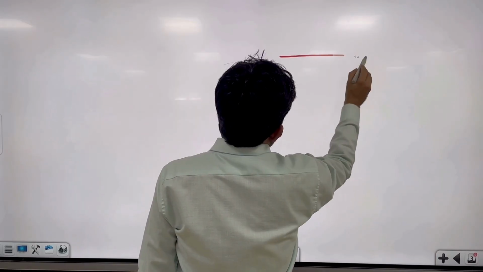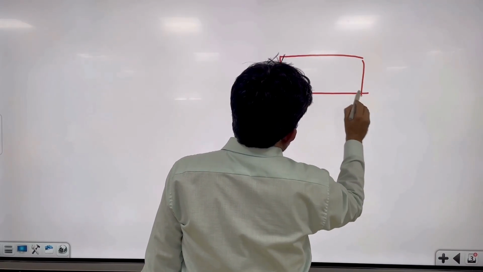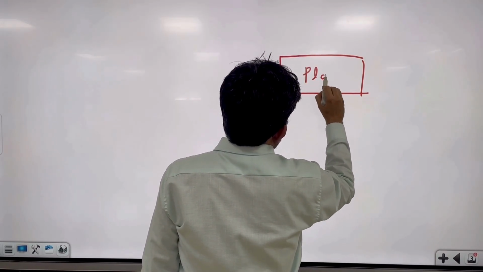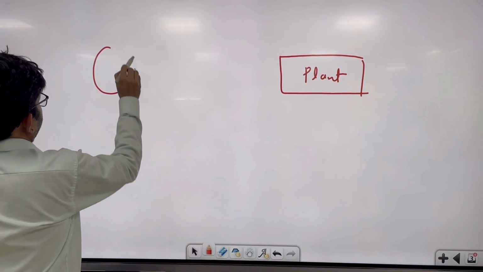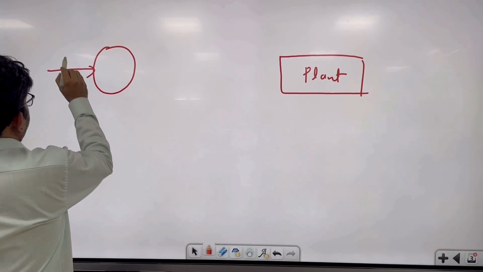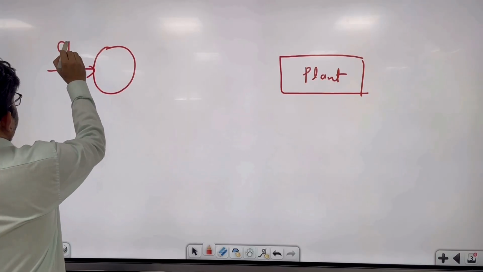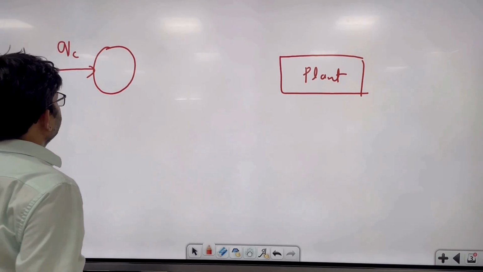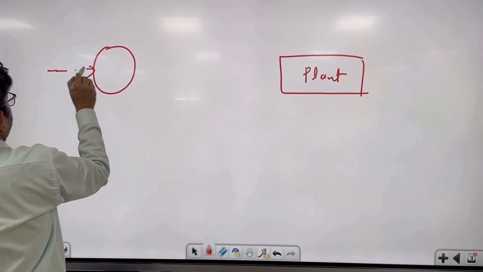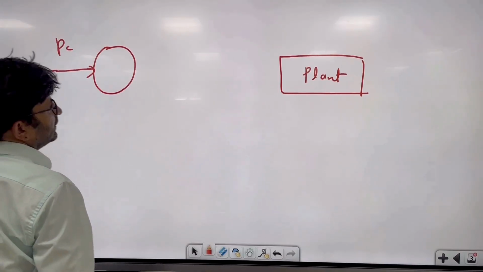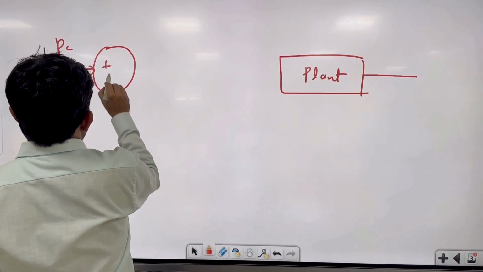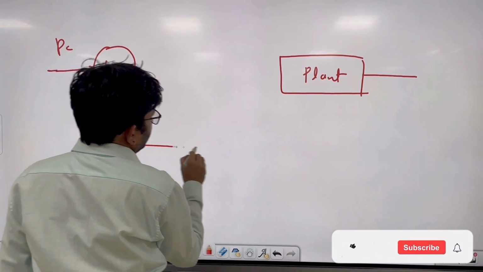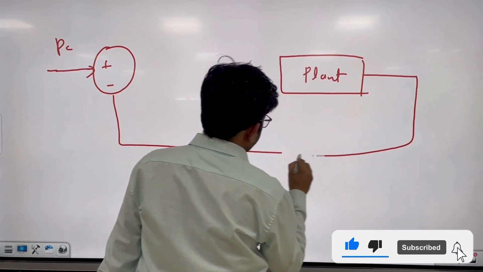So what will be the block diagram for this? First you take a plant. Here you have some q command or p command. Let's say p command, with a plus sign and a minus sign, obviously.